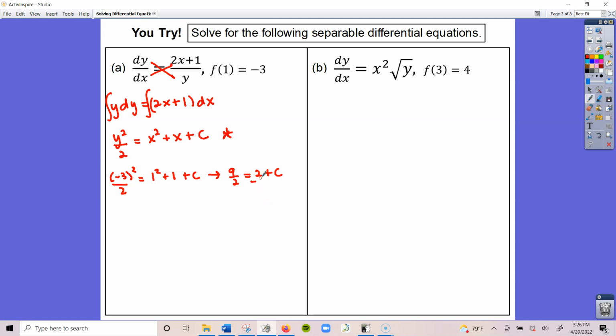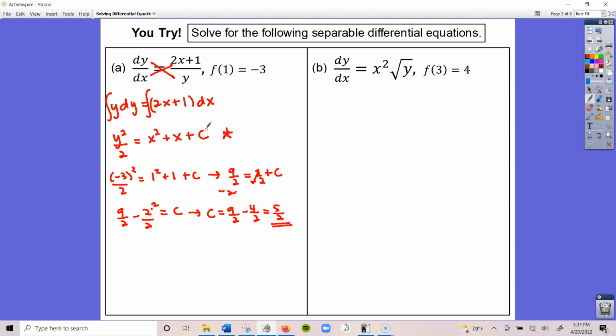To solve for c, I'm going to subtract 2 from both sides. So 9 over 2 minus 2 is equal to c. I need to put this over 2, so I need to multiply the numerator by 2. So c is going to equal 9 over 2 minus 4 over 2, which is 5 over 2.